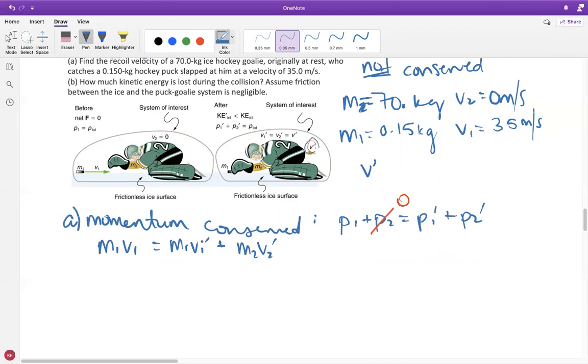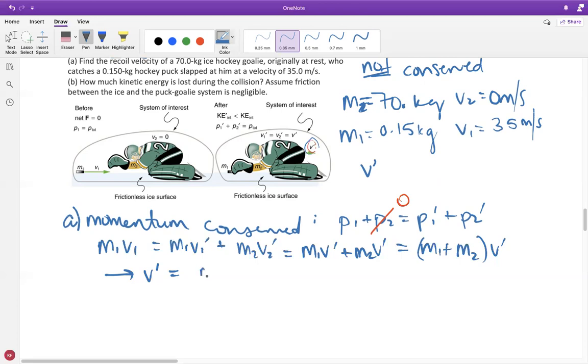So this can actually be written as M1 V prime plus M2 V prime, or M1 plus M2 times V prime. Since we know our masses and our initial velocity, we can go ahead and solve for our final velocity, or our velocity after the collision.